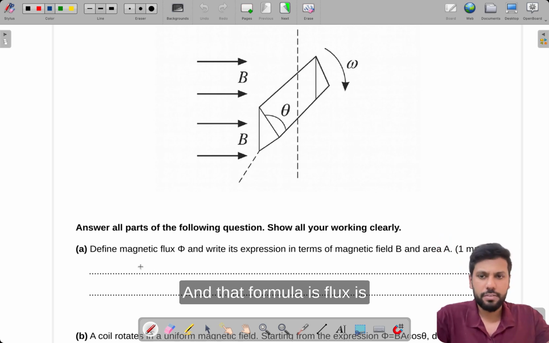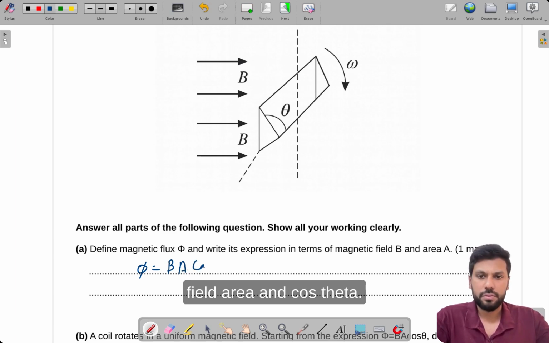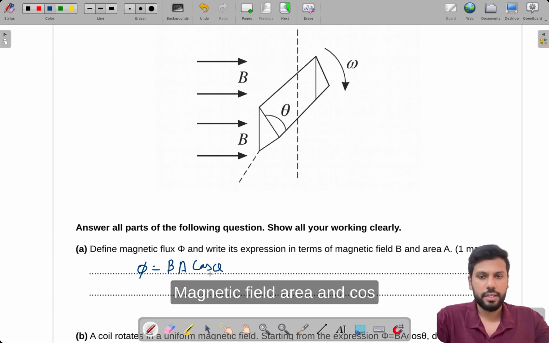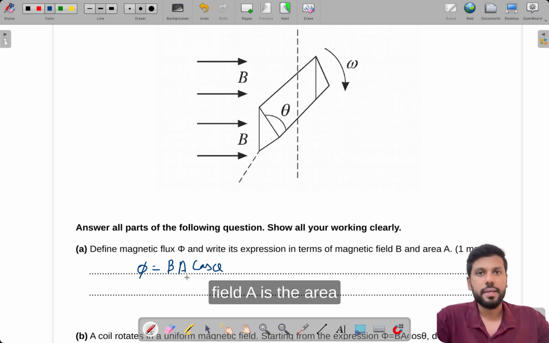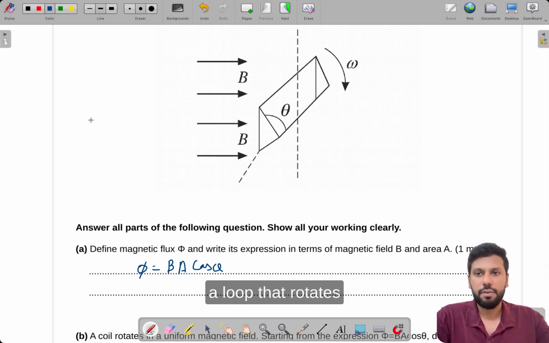And that formula is flux is equal to magnetic field, area, and cos theta, where B is the magnetic field, A is the area of cross section of the loop. So you know that we have a loop that rotates in the magnetic field.